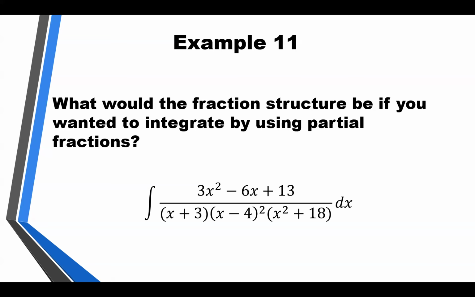That x squared plus 18 is a quadratic that does not factor over the real numbers. So let's think about what the fraction structure would be. We're not going to solve this whole thing. We're just going to set up the fraction structure. Try to do this on your own if you want by pushing pause on the video, because I'm only going to give a couple of seconds, but you probably need longer than that to solve on your own.